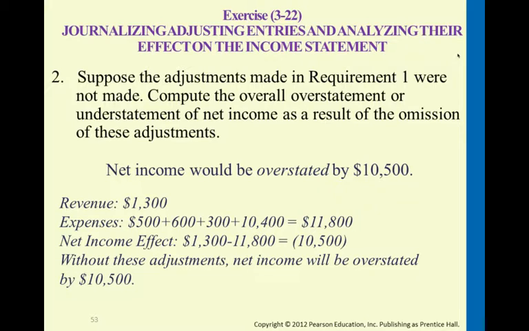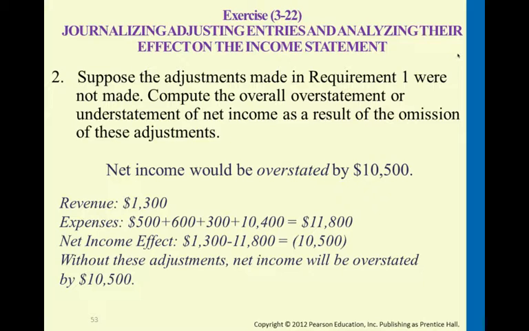Okay, so the overall effect, you'll be adding up all the expenses: rent expense, insurance expense, salary expenses, and also the prepayment. Now, for the revenue part, we have $1,300. So altogether, if we didn't journalize these entries, the expenses listed on the income statement will be too low.